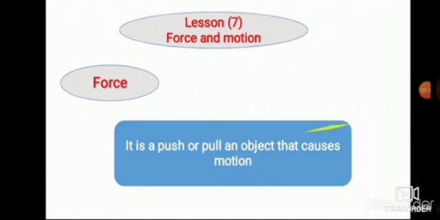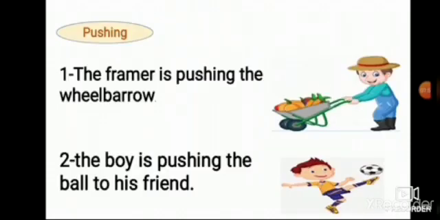Okay, junior 3. We have now some examples of pushing. This man is doing what? He is holding the wheelbarrow and he pushes. Why is he pushing? Because this wheelbarrow moves far away from the man. Number 2, the boy is pushing the ball to his friend.